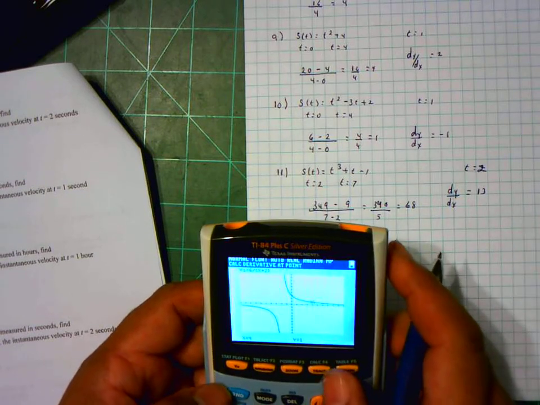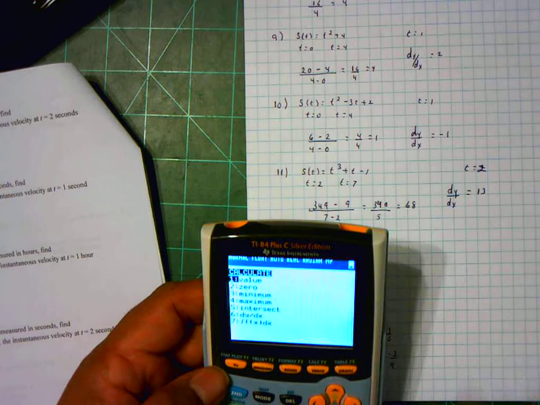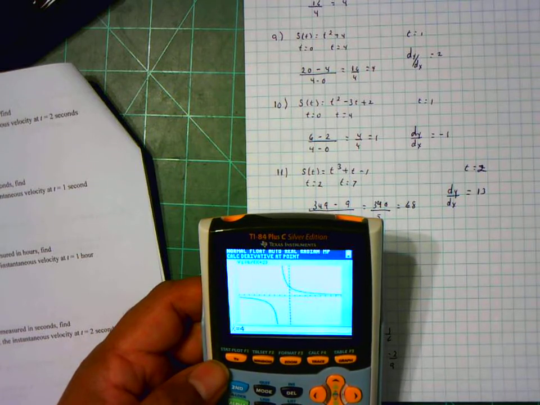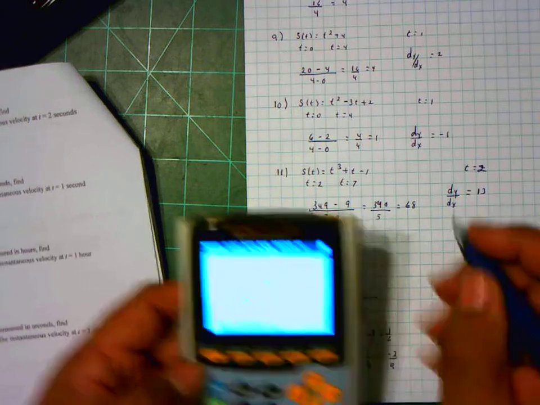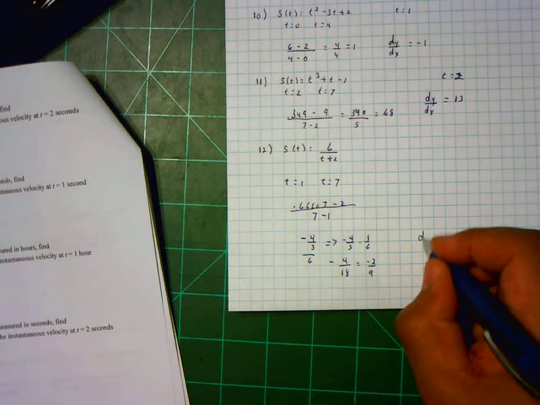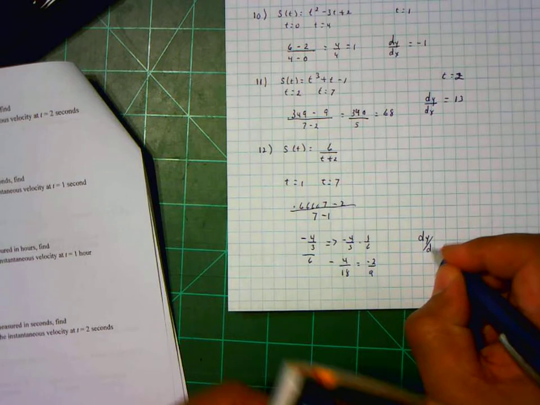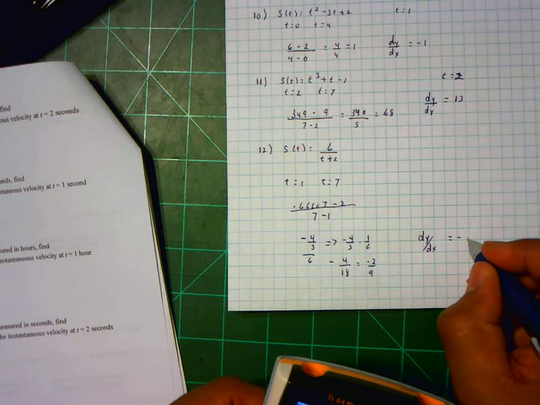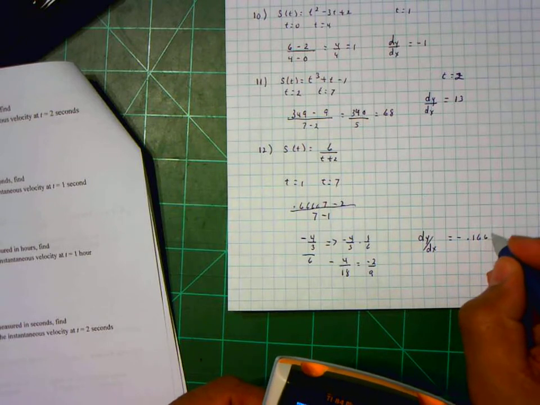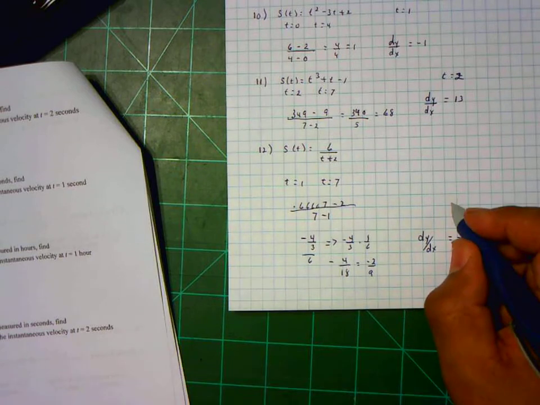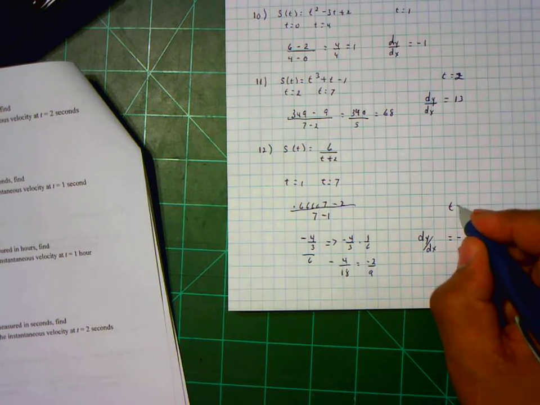Second trace 6, put in 4, and I get dy dx is negative 0.166667, and this is at t equals 4. Okay, let's stop there.